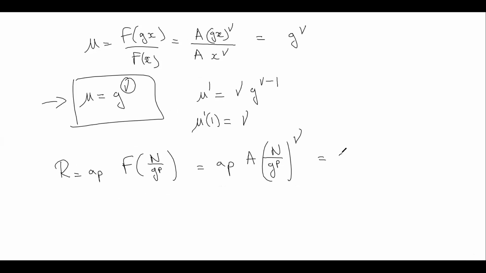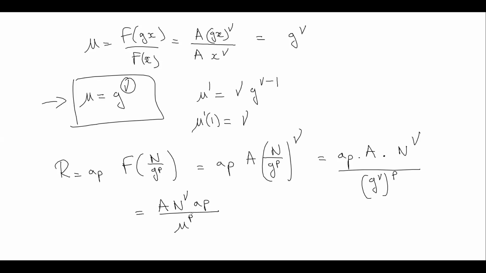So I end up with this relation between A and nu, and here I have something which is g to the p nu, or g nu to the p. And g nu is mu. Look at this expression. So I can just rewrite things this way, divided by mu to the power p. Okay.